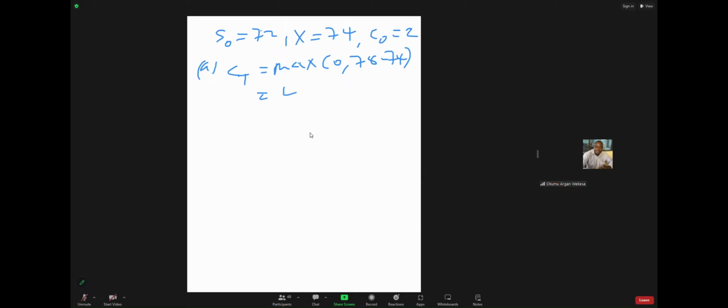So CT is 4. That is the value at expiration. Profit at this point is CT minus CO, which is 4 minus 2. So profit here is 2.